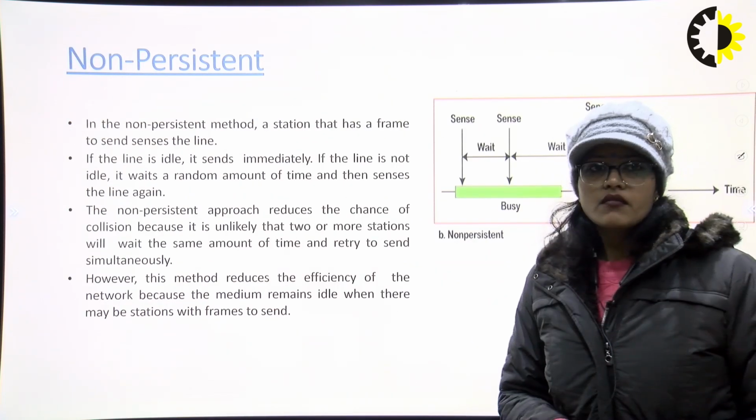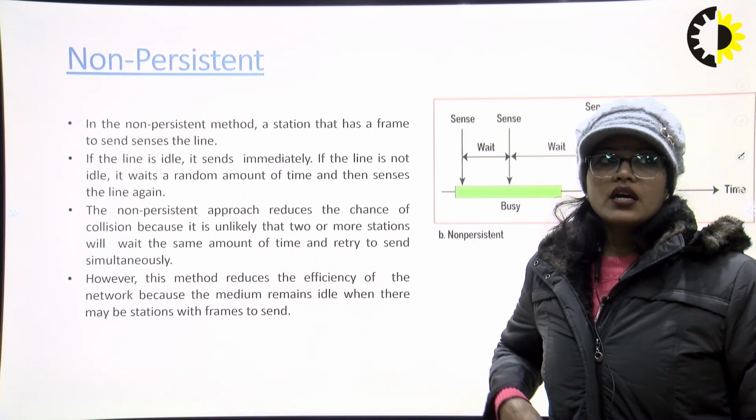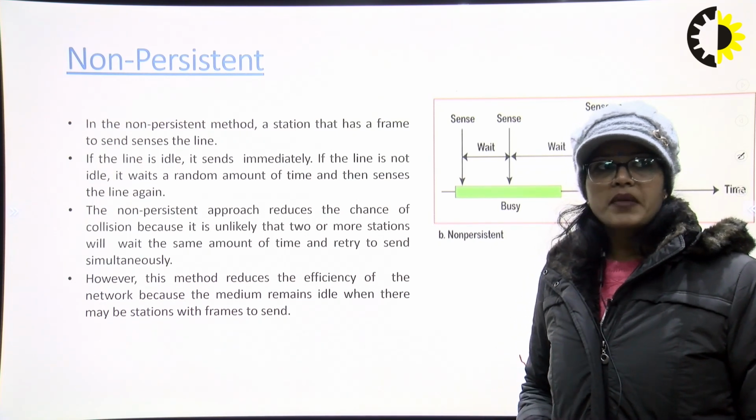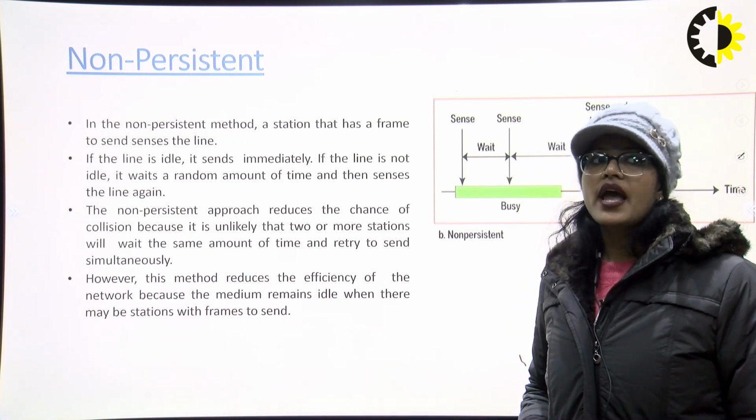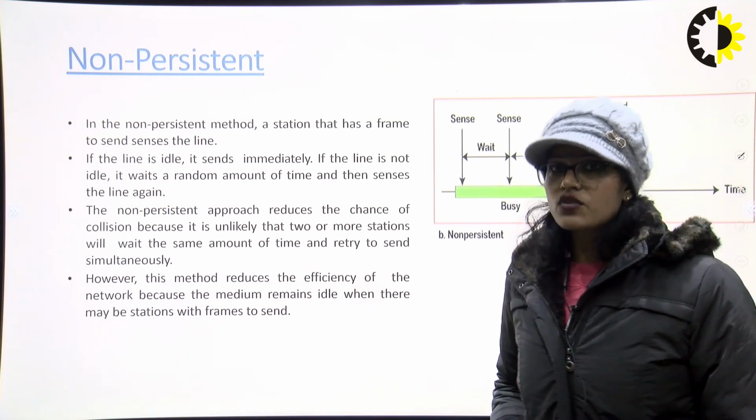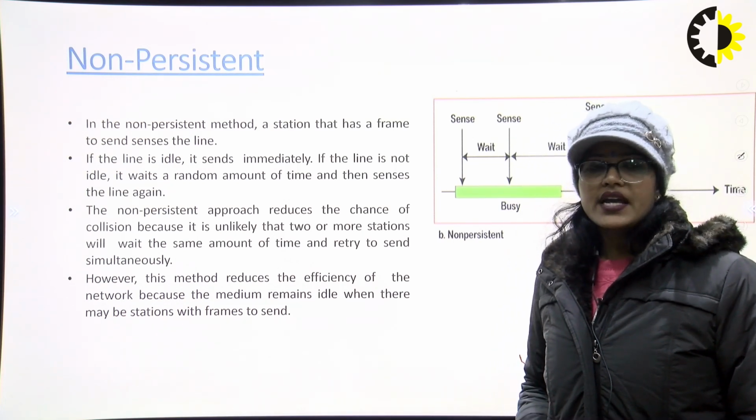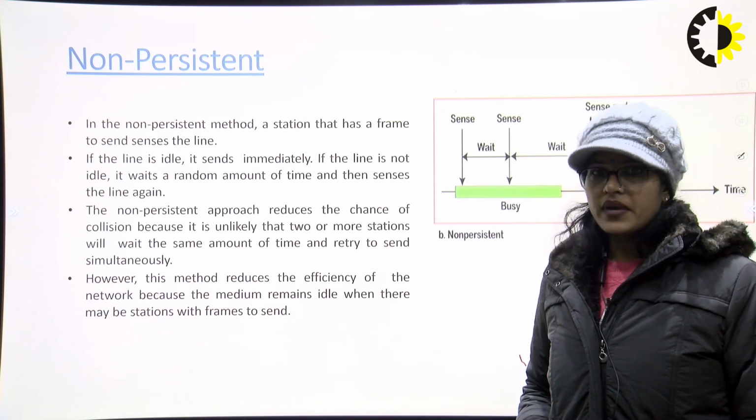Basically, in the non-persistent method, when a station has a frame to send on the medium and the line is idle, it sends immediately.